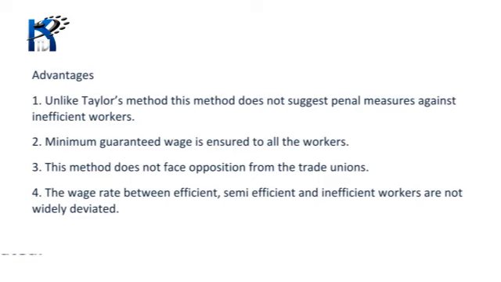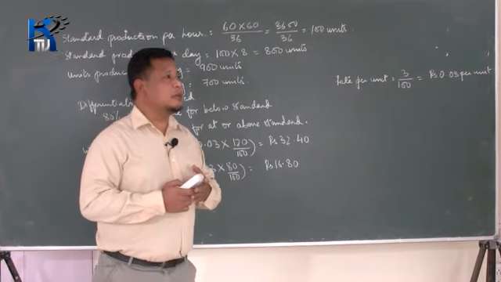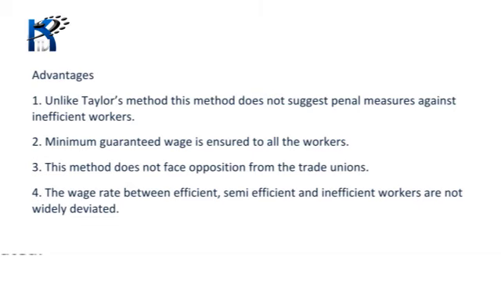That means when workers work throughout the day and produce a certain number of units, they will be ensured a normal piece rate of wage payment. Again, another advantage of this method is that the trade unions do not oppose it because they do not find any discrepancy in the wage payment system.